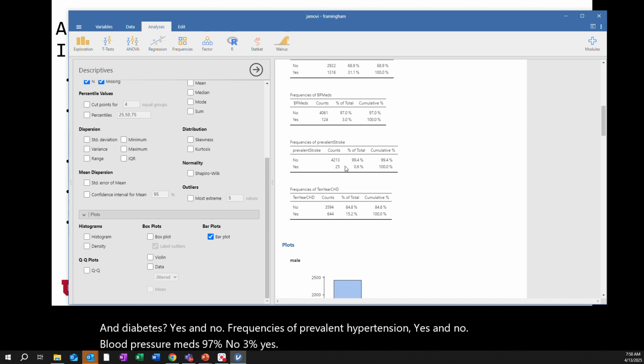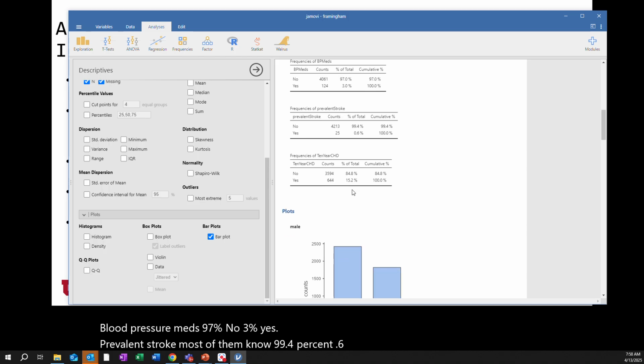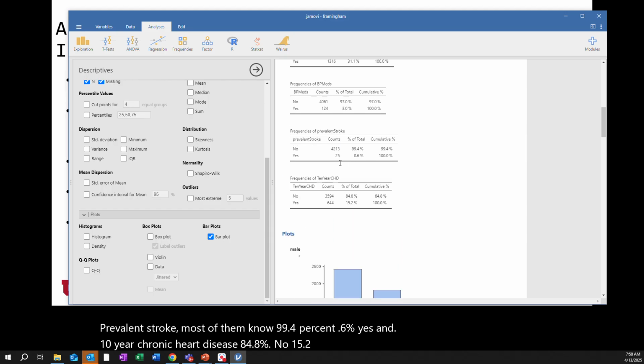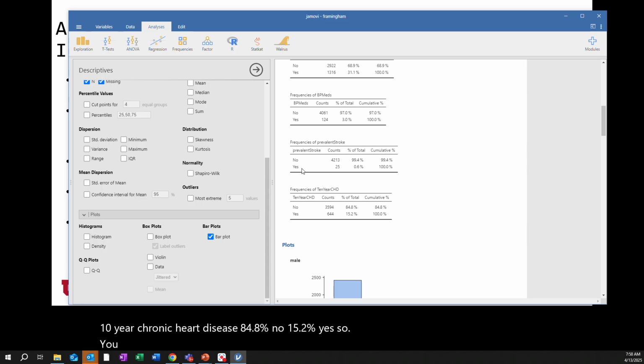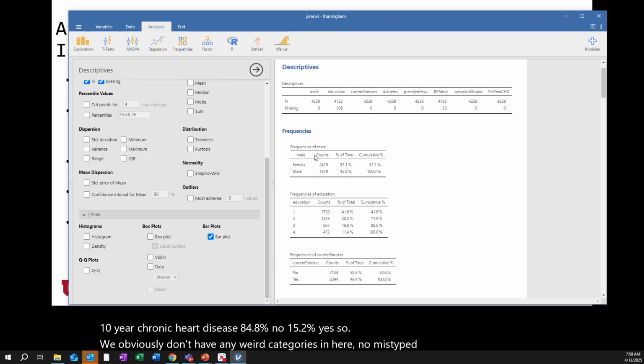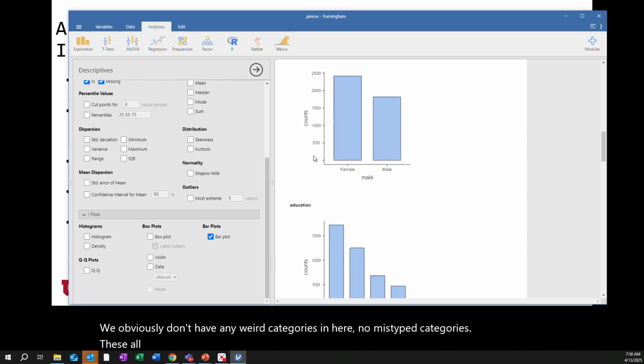Prevalent stroke, most of them no, 99.4%, 0.6% yes. And 10-year coronary heart disease, 84.8% no, 15.2% yes. So, we obviously don't have any weird categories in here, no mistyped categories.